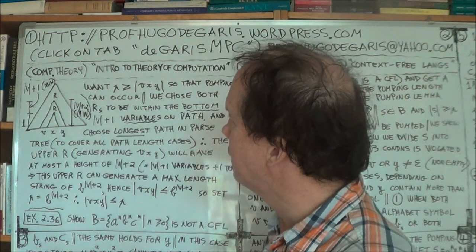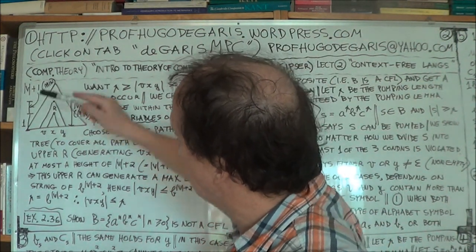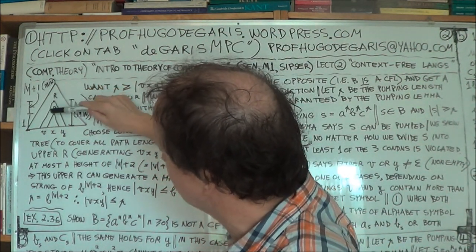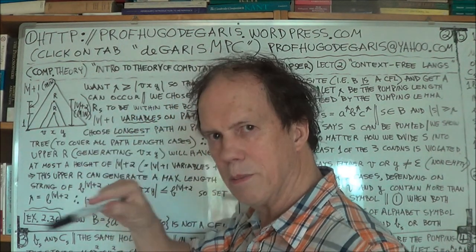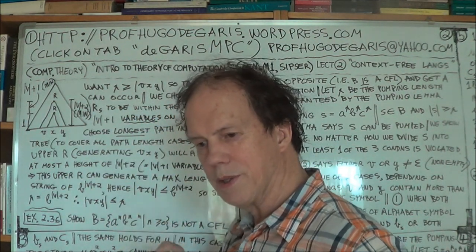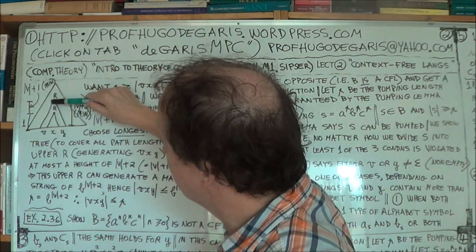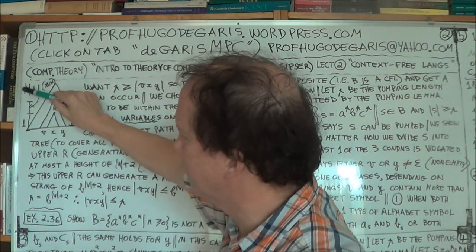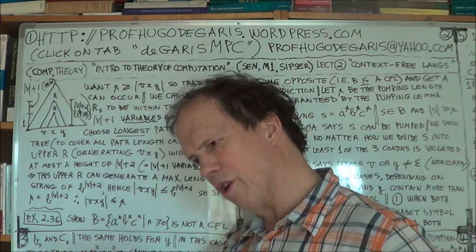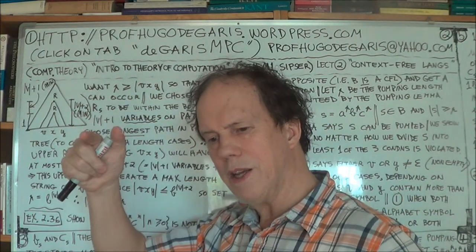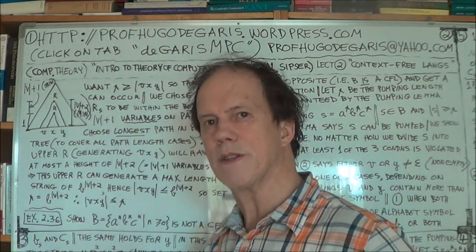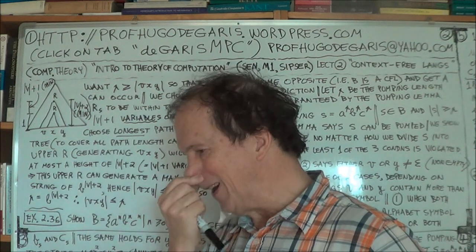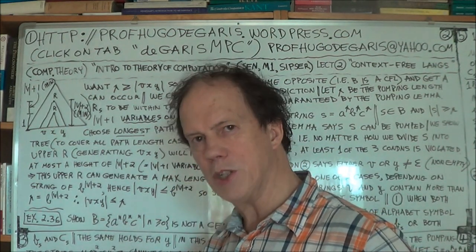So if the number of steps from here to here, the number of derivations, the number of times you apply a substitution rule, were just mod V, it's possible. This is improbable, but it's possible. You might get each symbol used just once, and hence no repetition.